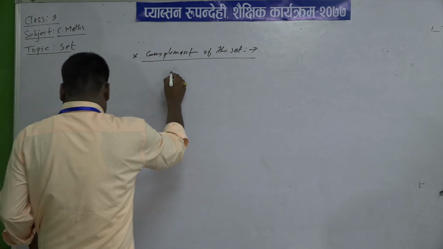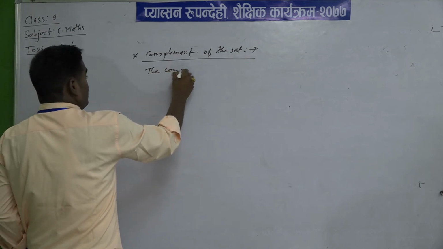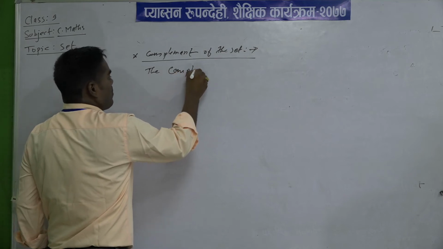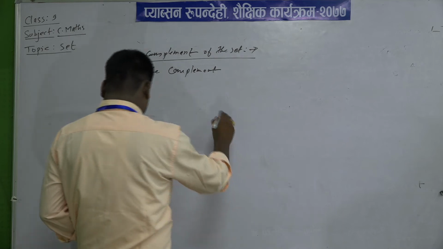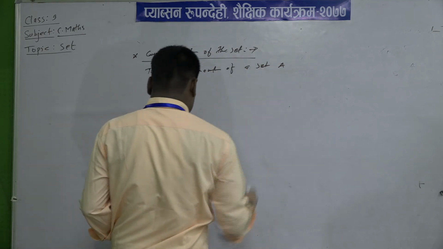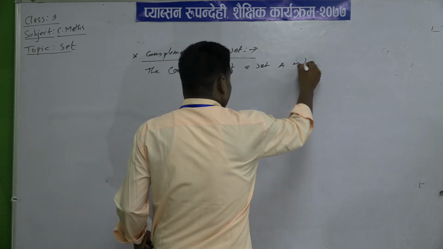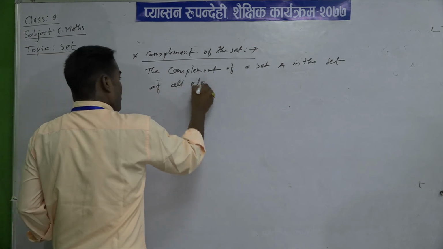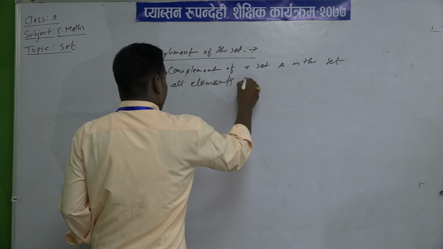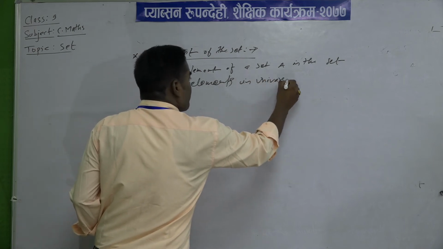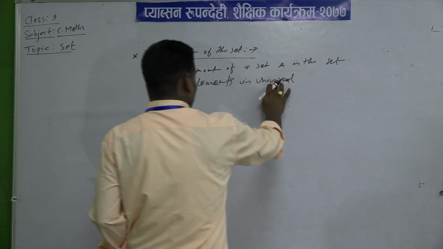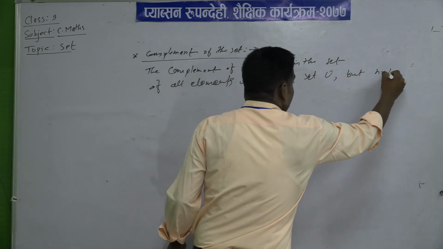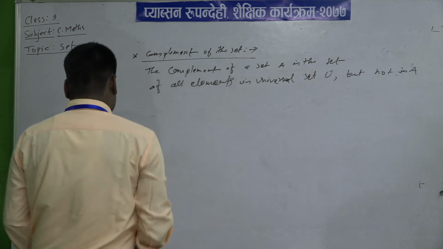So it is very easy. The complement of a set A is the set of all elements in the universal set U but not in A. See here.